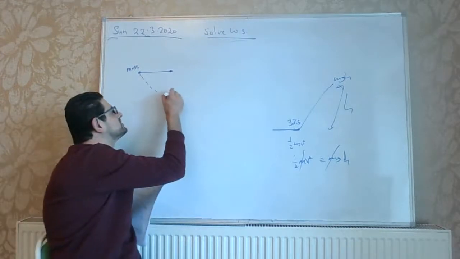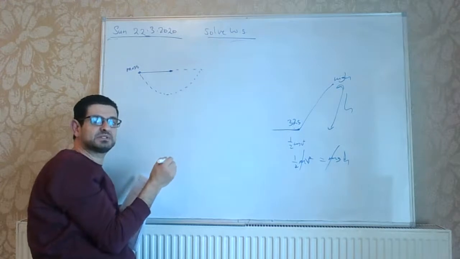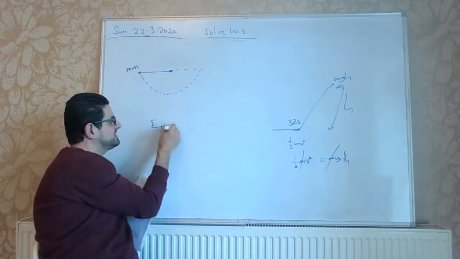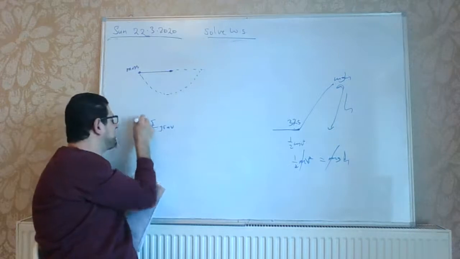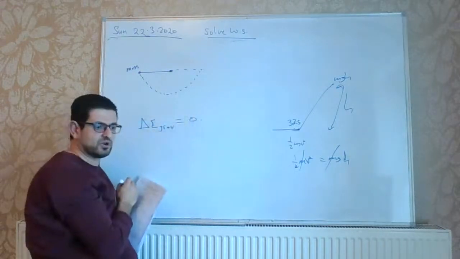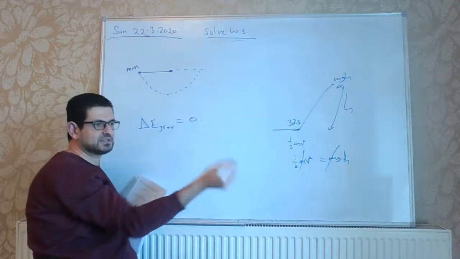And when it goes back to this point, the gravitational potential energy becomes how much? We always talk about the change, so the difference will be zero. It has to reach zero at the end.